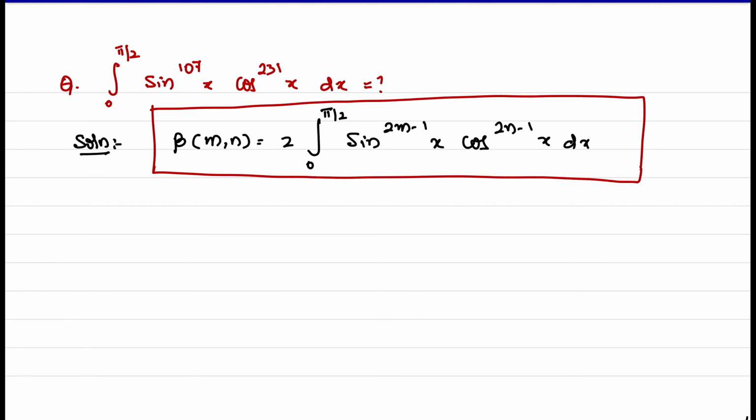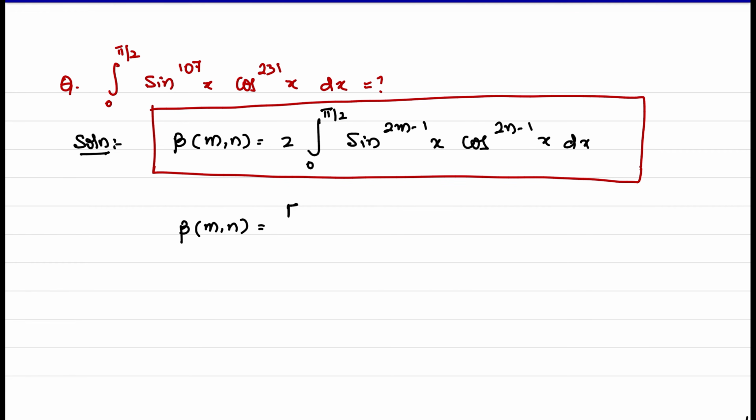And what is another? The relation between beta and gamma functions. What is Beta(m, n)? This also I have discussed in the previous class.